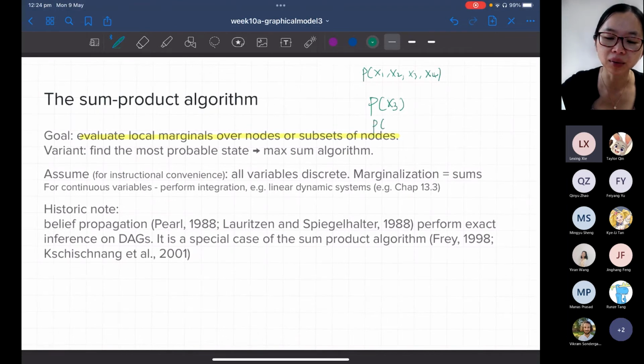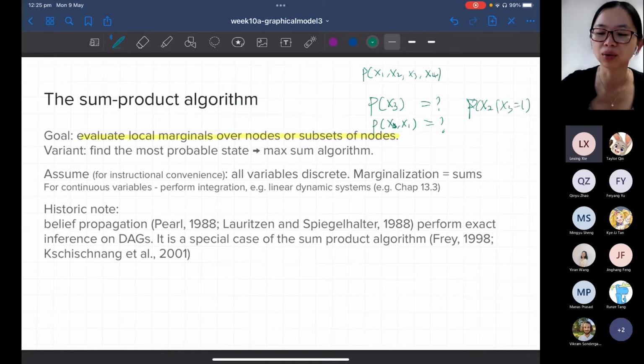Or if we want the joint probability of x2, x3, and x1, what do we do? Or if we want the probability of x2 given x3 equals 1, what do we do?